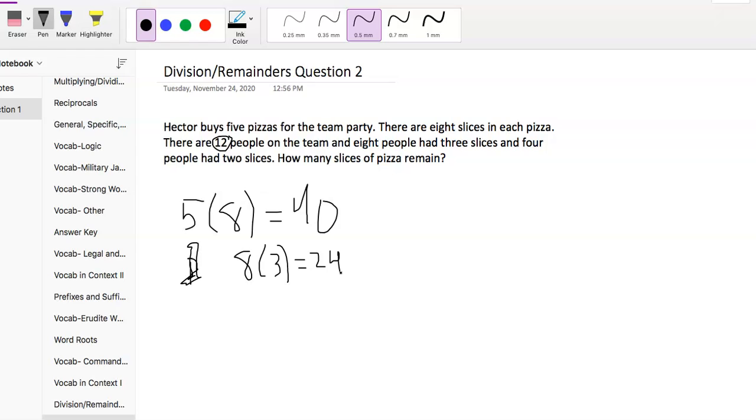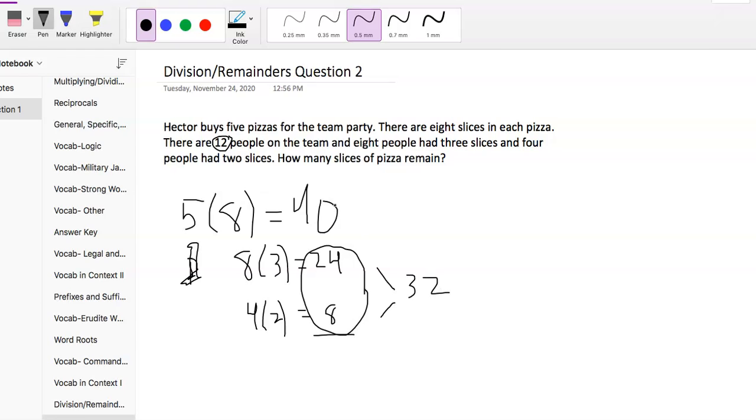Okay, so 8 people had 3 slices, 4 people had 2 slices. 4 times 2 is 8. So this is the total slices. 24 plus 8 is 32.